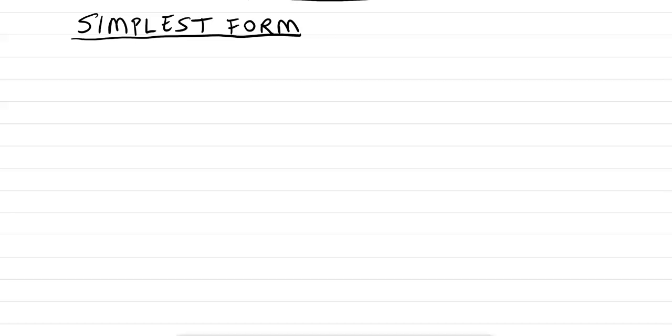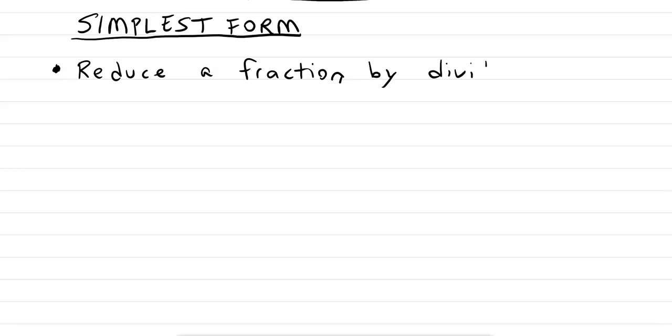To write something in simplest form for a fraction, it means that we're going to reduce a fraction by dividing. So let's take a look at an example. Then we'll look at a visual, and then we'll see how it works.